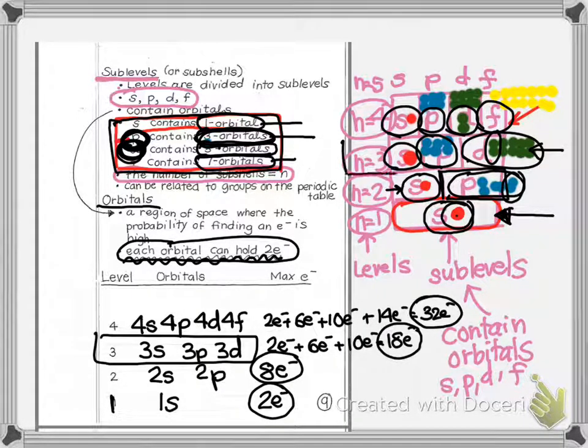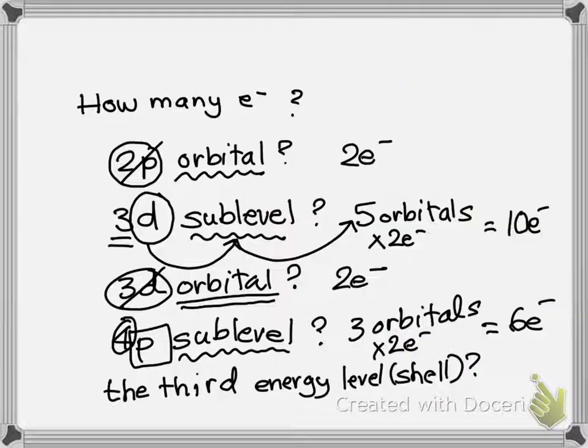Each level has that many subshells, so the third level would have 3 subshells. It contains a 3s, a 3p, a 3d. Well, I know that s's have 2 electrons, p's have 6 electrons, and d's have 10 electrons. So if I add that all up, the third level would have 18 electrons.